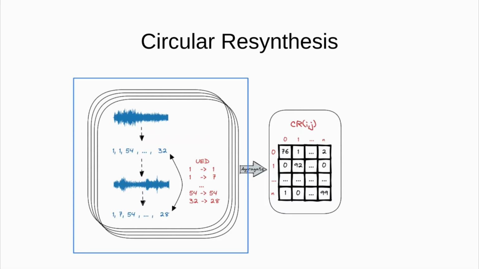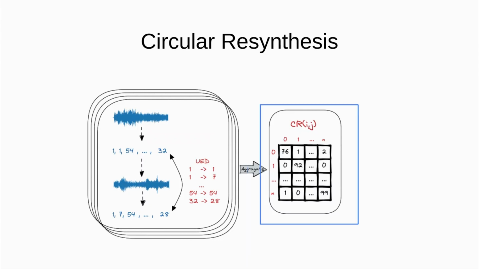Then, we apply an additional speech to unit stage and measure the unit edit distance between the first and the second units. To reach the final score, as you can see on the right, we calculate the number of swaps between each pair of units over the whole dataset. Intuitively, a high CR indicates redundancies between the units.